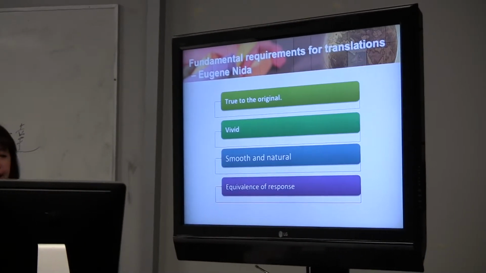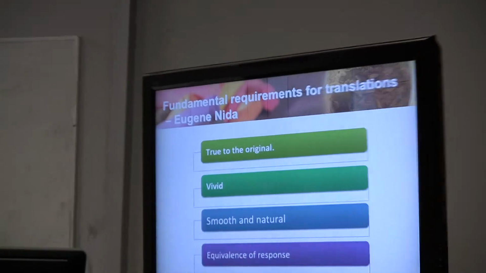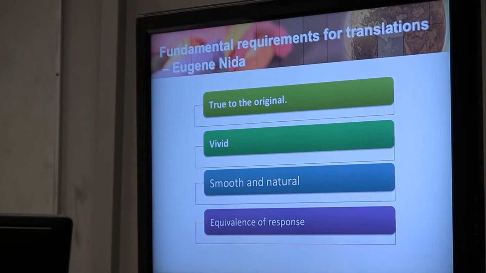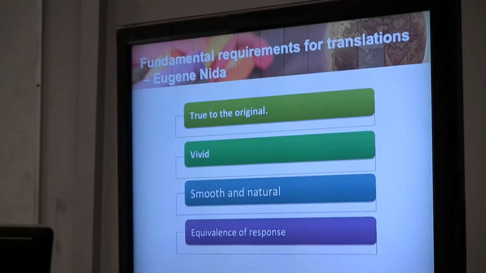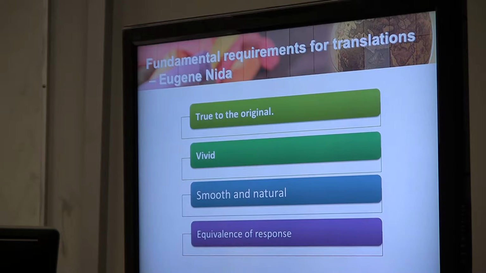Again, from Eugene Nida, he said that the fundamental requirements for translation are that you have to be true to the original, it has to be vivid, it has to be smooth and natural, and it has to have equivalence of response.